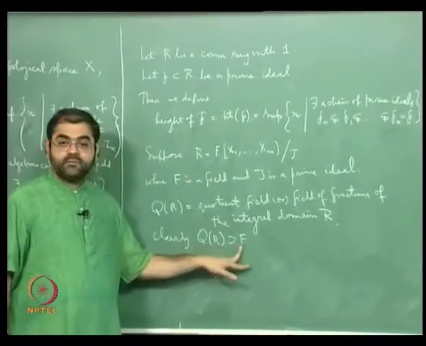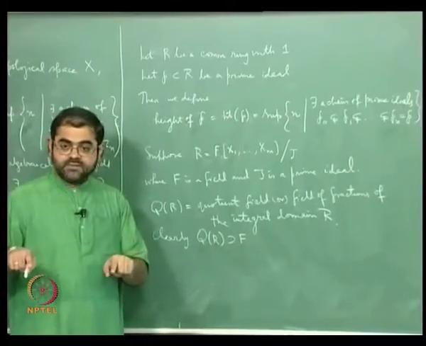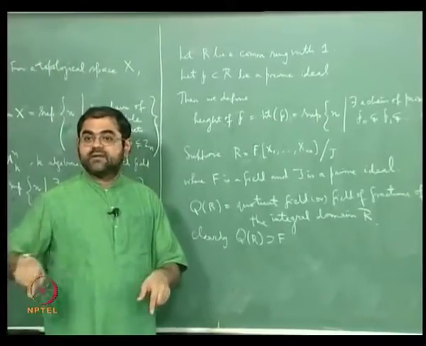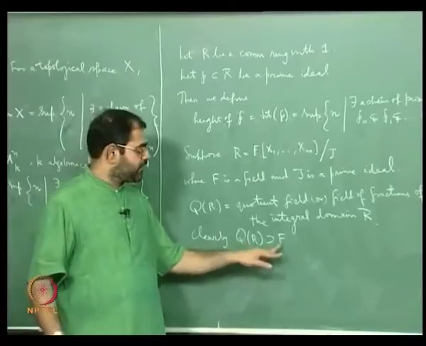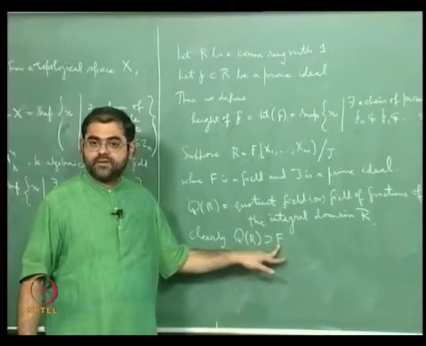A collection of finitely many elements in a bigger field is said to be algebraically independent over the smaller field if these elements do not satisfy a polynomial in as many variables with coefficients in the smaller field.